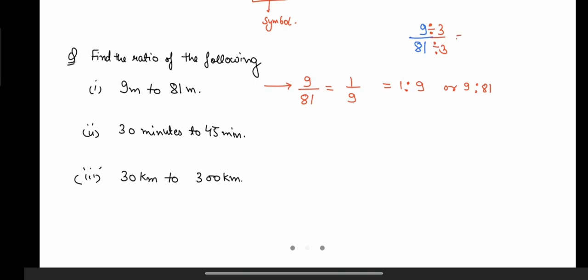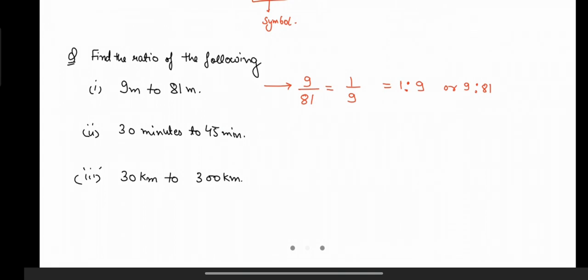The numerator will be 3 and the denominator will be 27. So this ratio can also be written as 3 ratio 27. You can write it this way also, but we will choose the simplest whole number ratio, that is 1 ratio 9. This is how you can solve it.